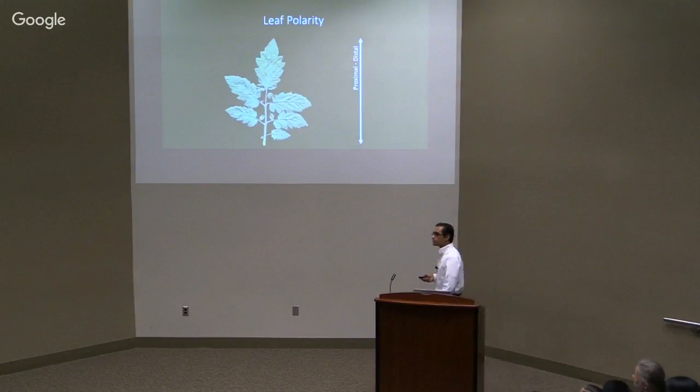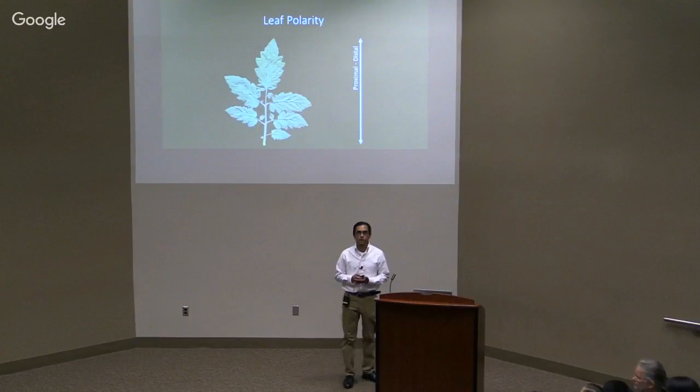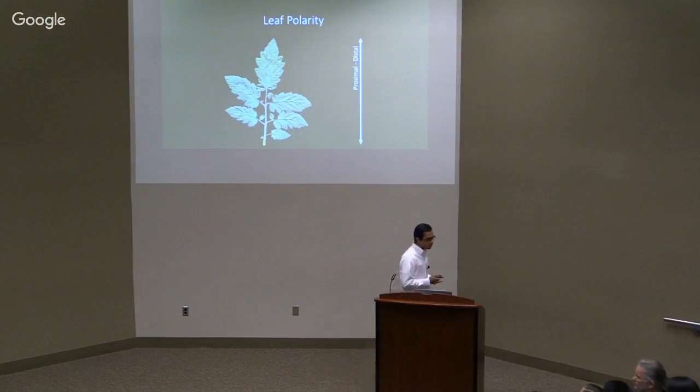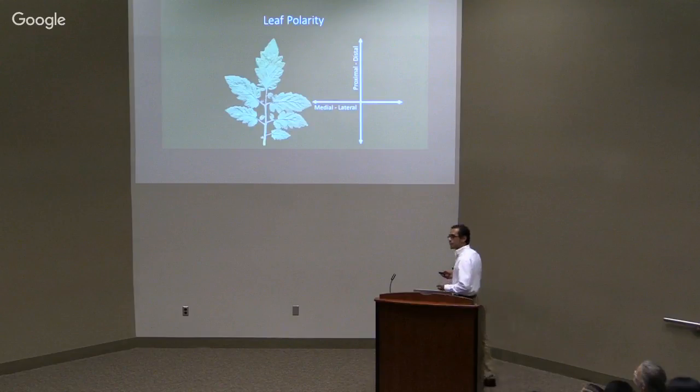As far as leaf polarity, it's important to know that leaves grow along 3 axes. The first is the proximal-distal, which measures how far the leaf grows outward from the main stem. The second is the medial-lateral, which measures the distance from the mid-vein to the lateral edge.